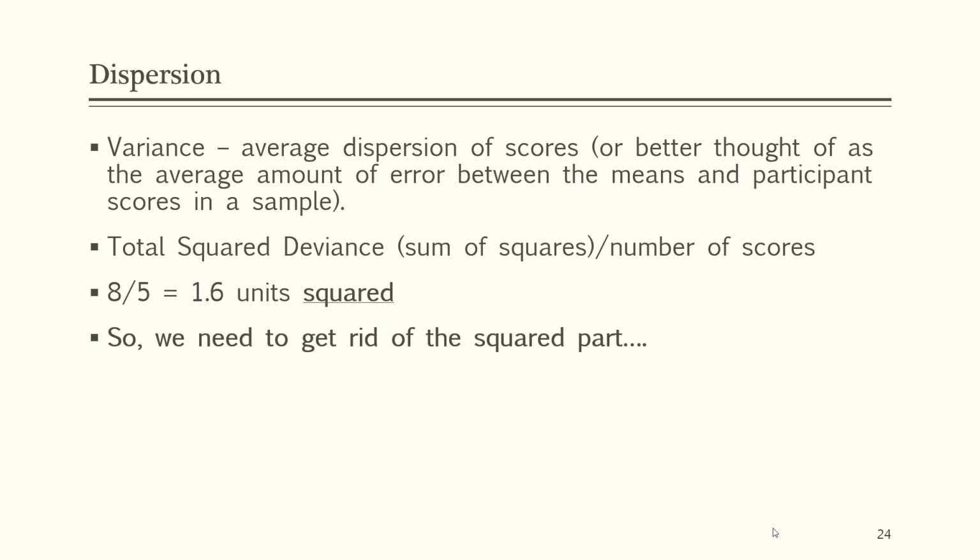So the total squared variance, which is the sum of squares divided by the number of scores, 1.6 units squared, but then you have to get rid of the squared. So the variance, and again, the statistical programs compute these for you, so you don't have to be as concerned about how you arrive at them other than understanding what they mean. So standard deviation and variance are the two most reported dispersion statistics used within what we do.